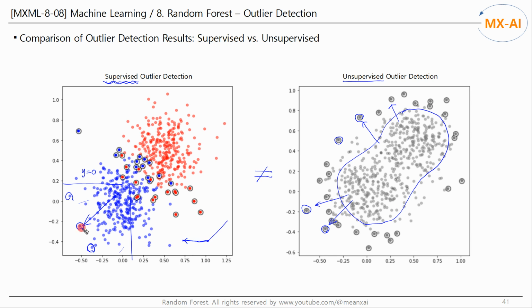Random forest also ignores samples that can be confidently classified and focuses only on ambiguous samples near the decision boundary. This is why random forest outlier detection identifies suspicious samples near the decision boundary rather than isolated samples that are still easy to classify.